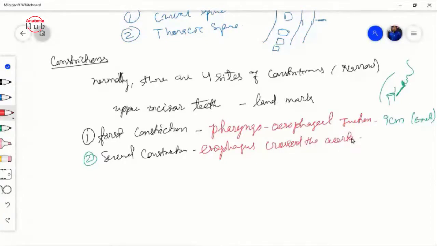This is again measured from the incisor teeth up to the crossing of the esophagus. That will be near about 9 inches, that means 22.5 cm. Okay, it is 9 inches from the incisor teeth.